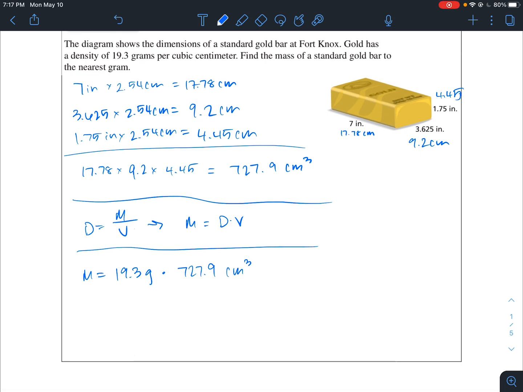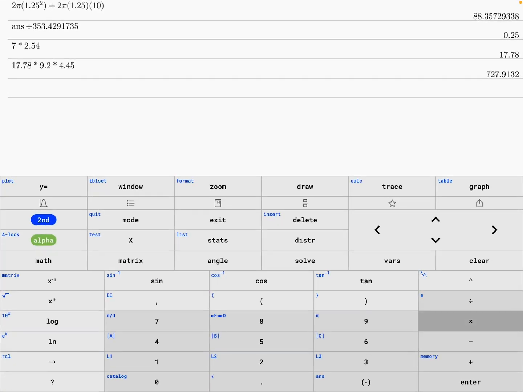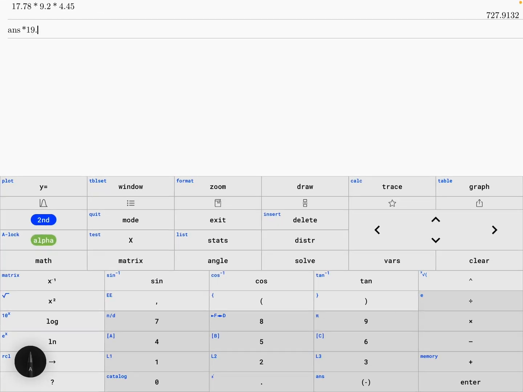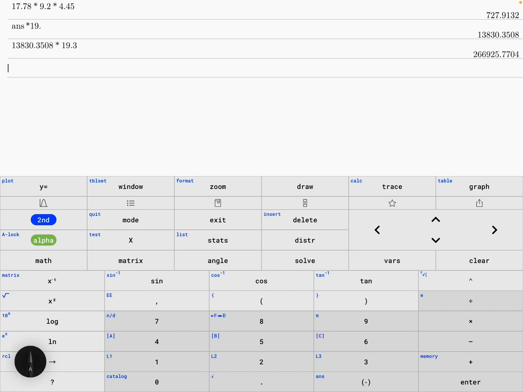Whenever we multiply this together, we take 727.9 and multiply that by 19.3, and we get 14,048.